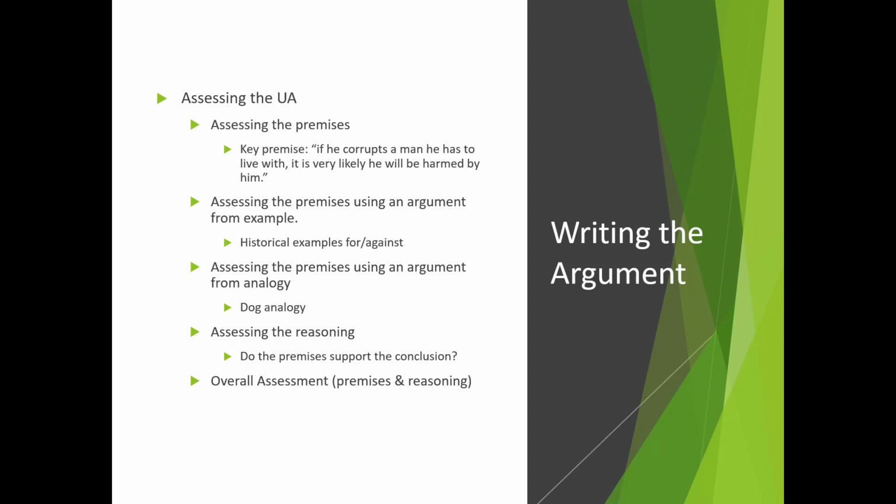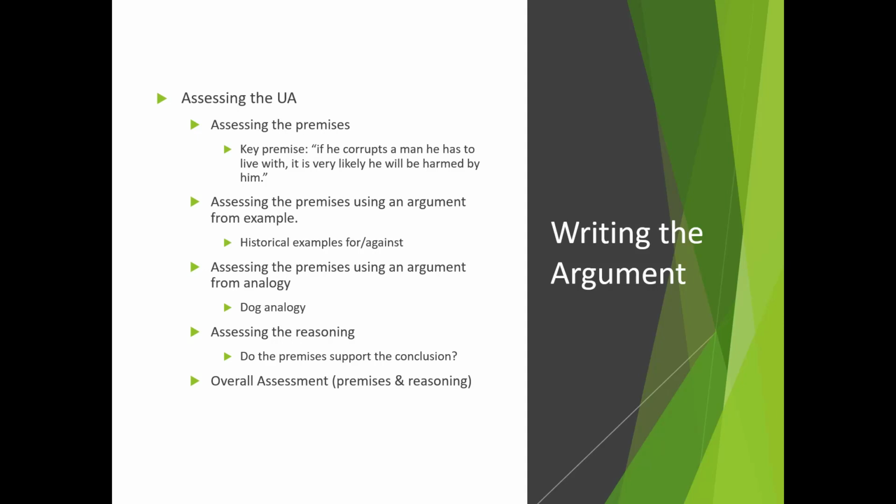If you want to argue in favor of Socrates, you could create an analogy and say, well, imagine someone who has a dog, and they make the dog mean. They teach it to attack and make it savage. Well, it's likely to turn on them and attack them. So by analogy, if Socrates is like the bad dog trainer who makes the dog bad, that turns on him and attacks him, if he makes the youth bad, they're likely to turn on him and attack him.